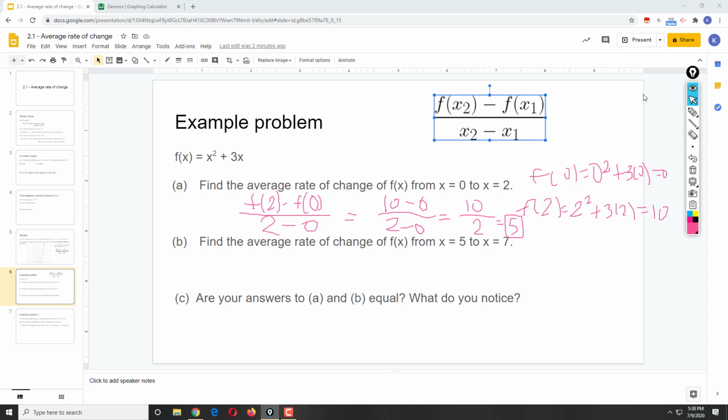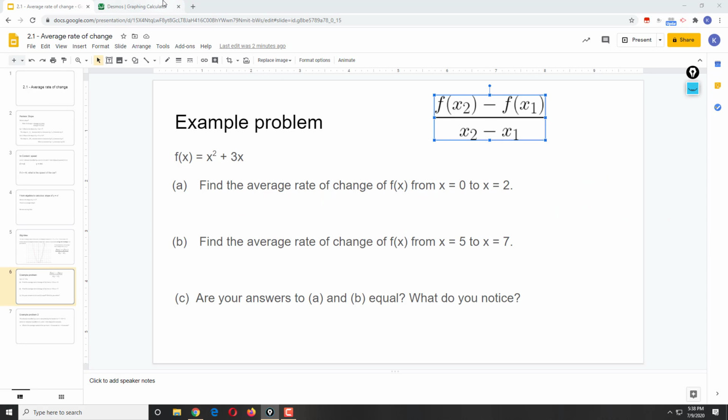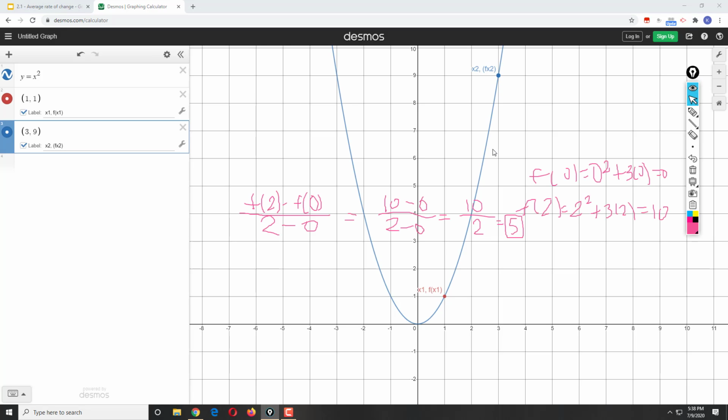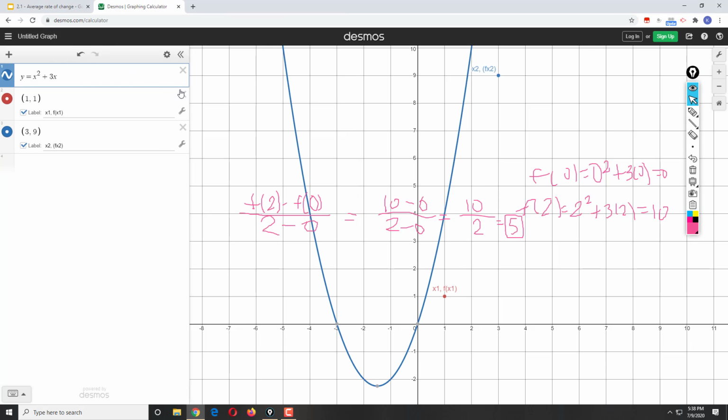This should make sense. Let's go to our graph. Let's actually bring down the calculations. Our new equation is x squared plus 3x. We're going from x equals 0 to x equals 2.